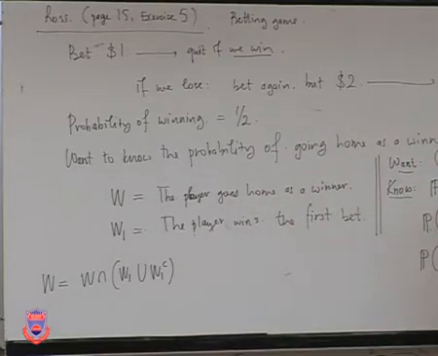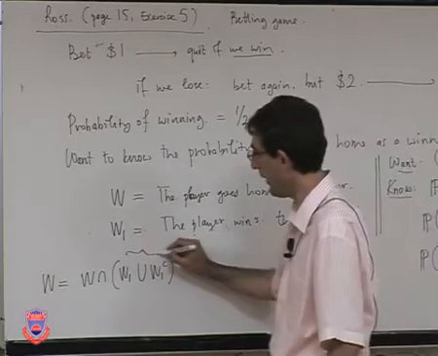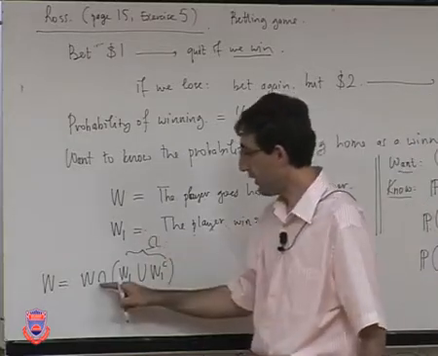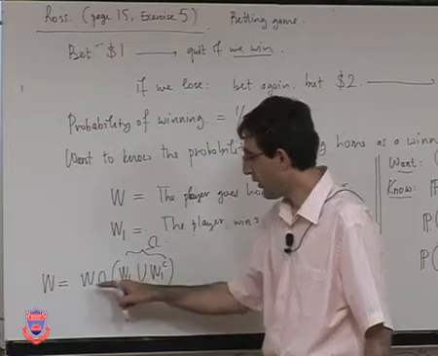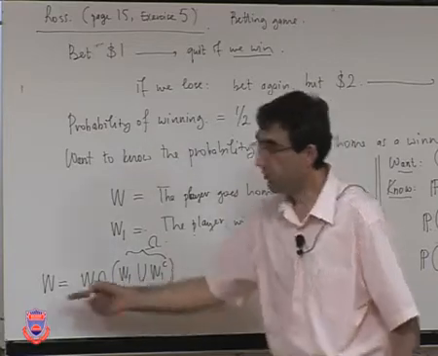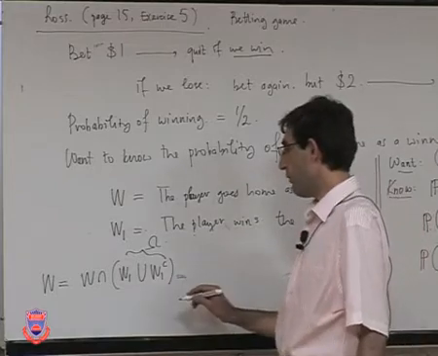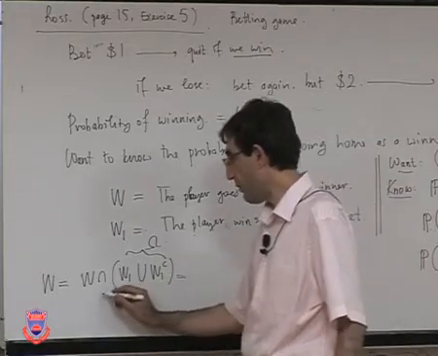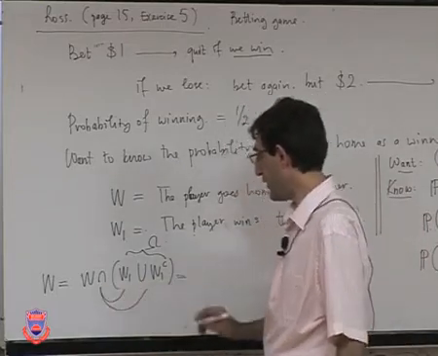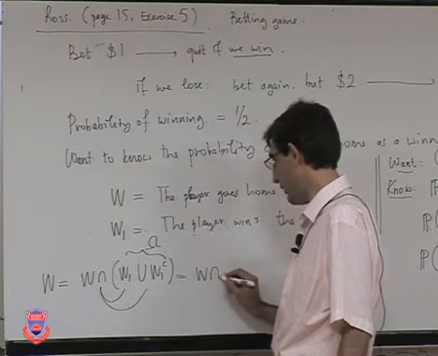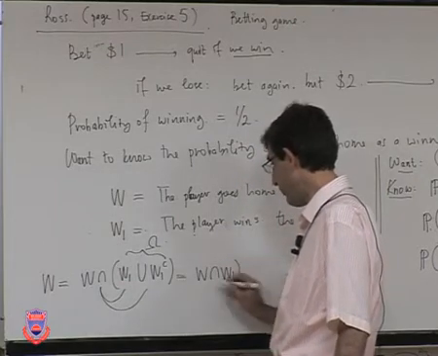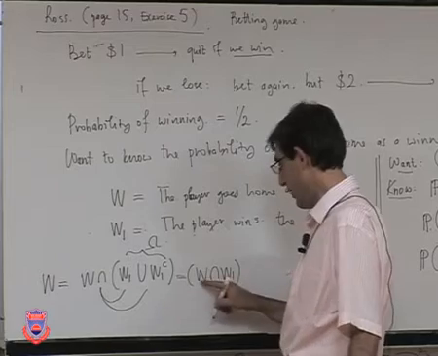So the union gives the total sample space. There's nothing else left. So this is again omega. Therefore, when you take the intersection of W with this set, you get W back. But I do this anyway because I now would like to use this distributive law to write the same event as the intersection.